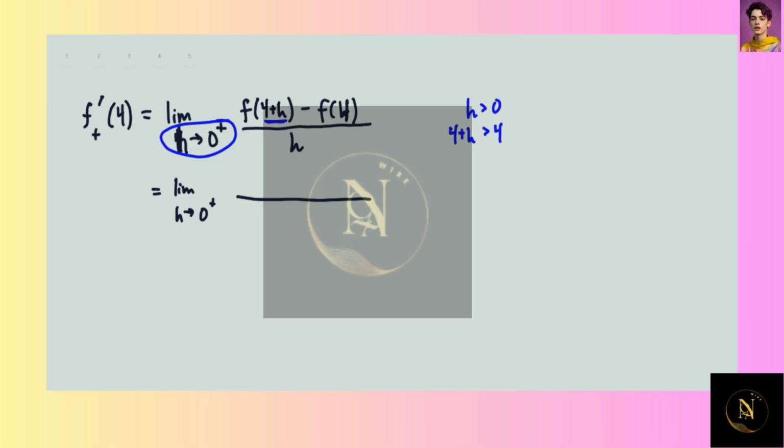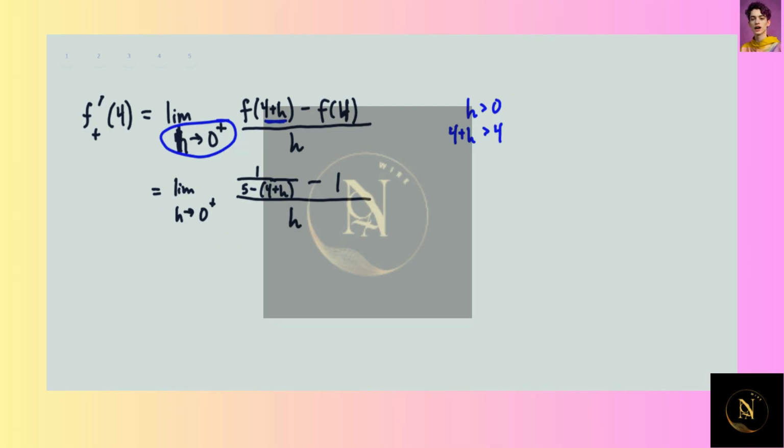So we just said f of our input is 1 over 5 minus that input, and our input was 4 plus h, minus f of 4. We can remember from last time, f of 4 is just the number 1. That hasn't changed. All over h.